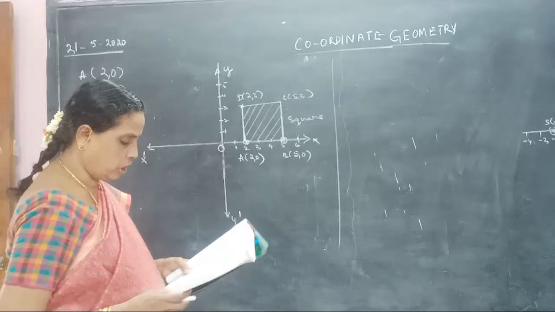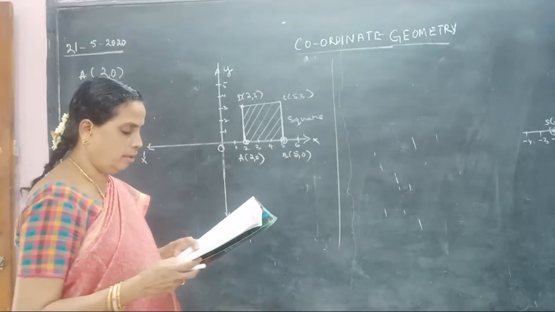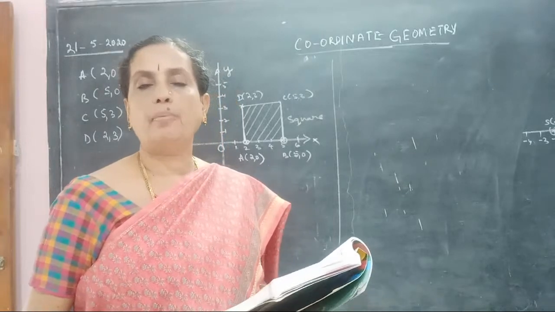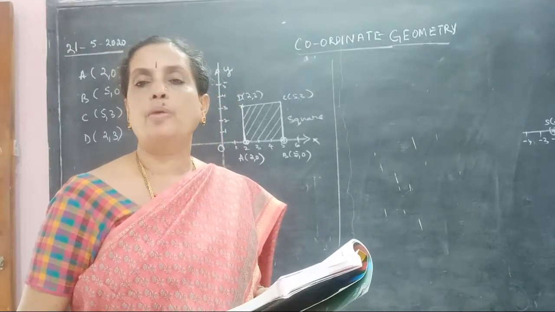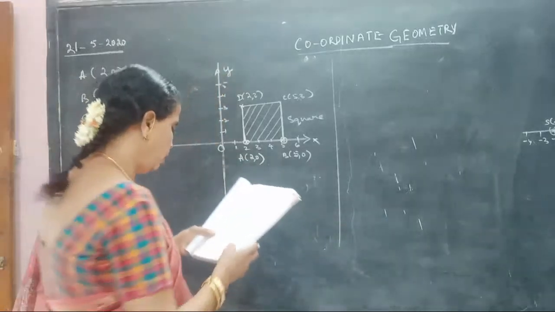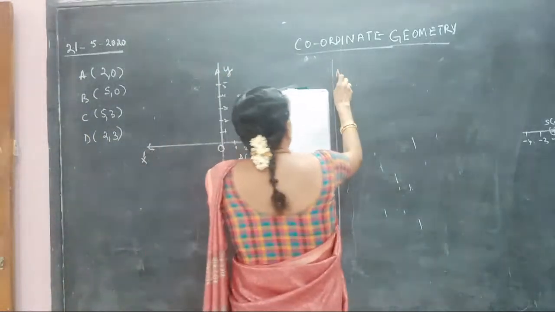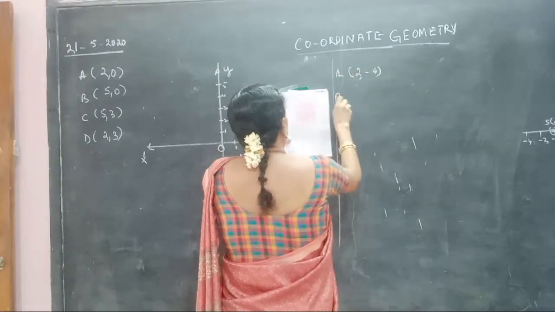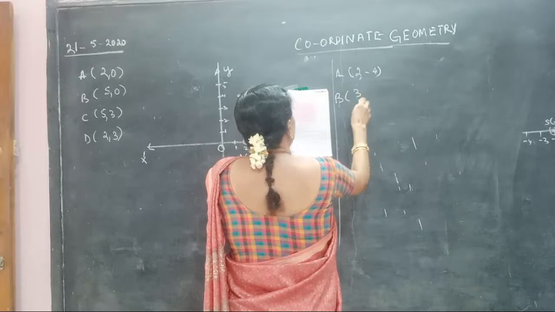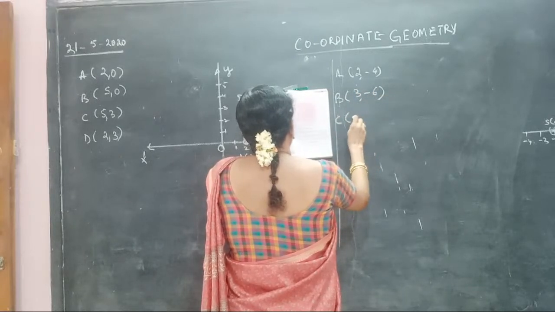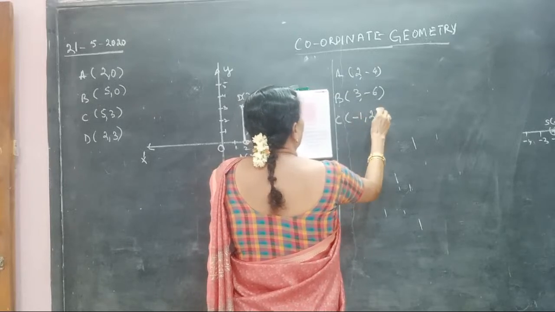Plot the points and check whether these are collinear or not. Collinear points means all should be in the same straight line. They have given the set of points: point A (2, -4), point B (3, -6), point C (-1, 2).